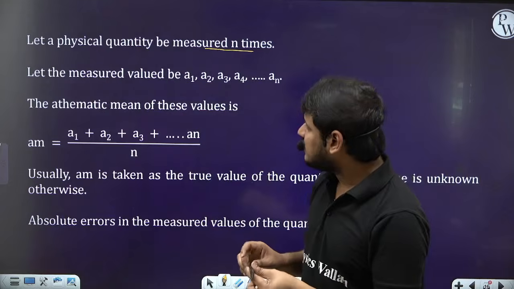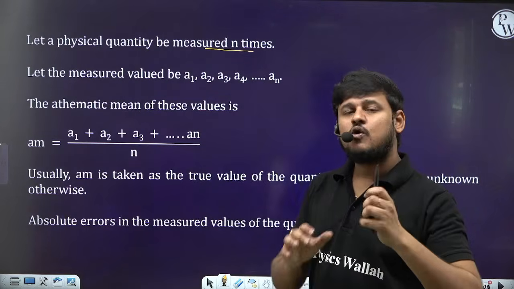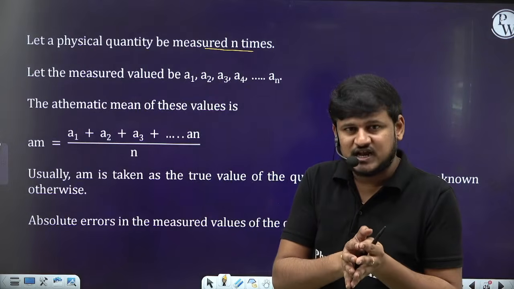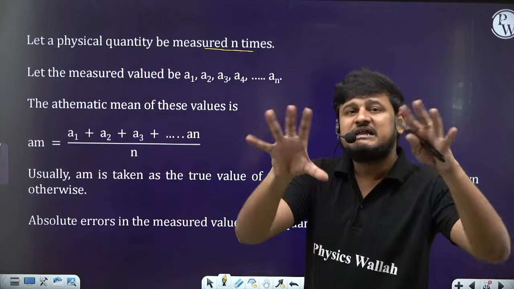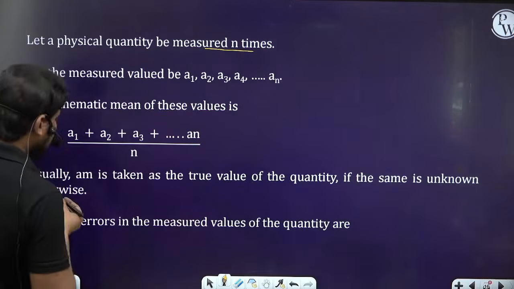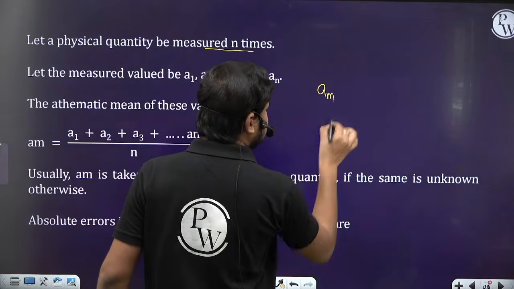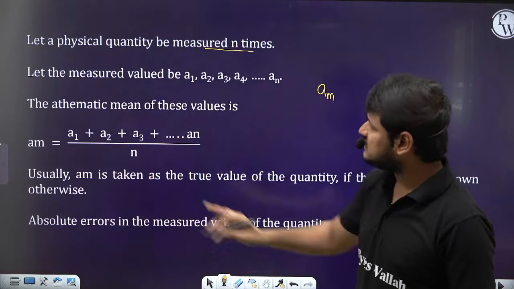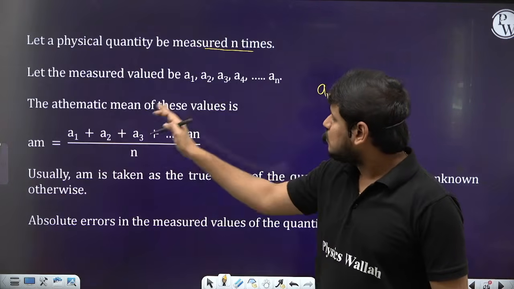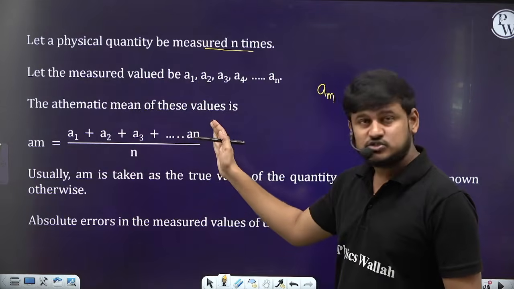Okay. So what is the actual length of this? All the 20 students reported their values. What I did was I took the average of them. That is nothing but AM. Write it as AM here, like this. The printing mistake is there. The arithmetic mean of these values, AM, is equal to all the values divided by the number of values, so 20 students' values by 20.